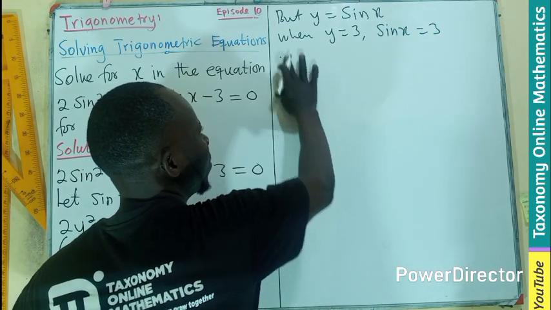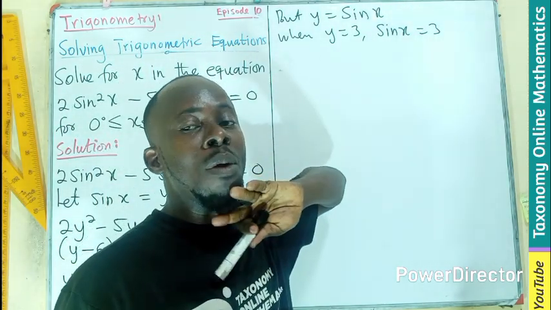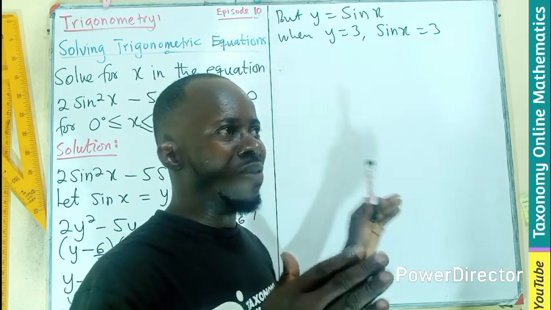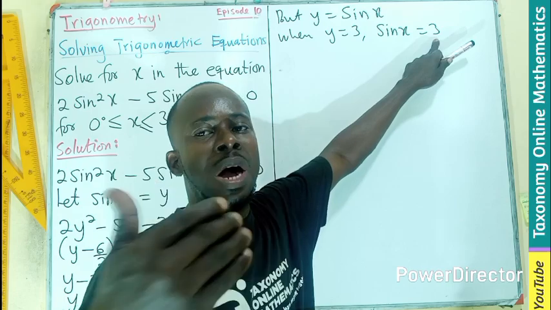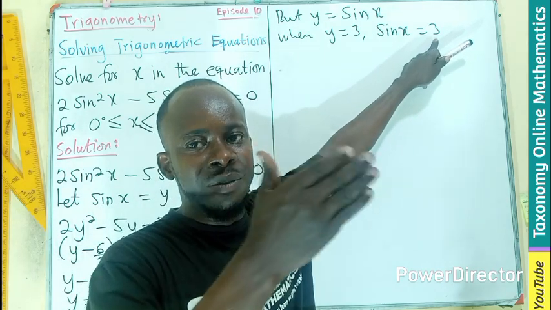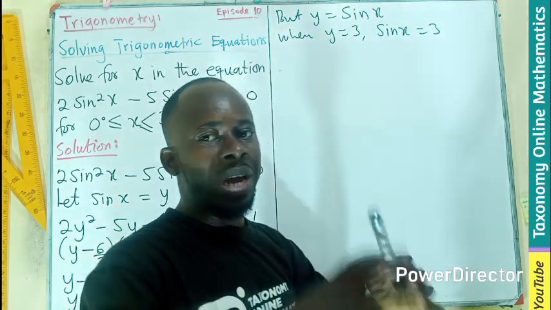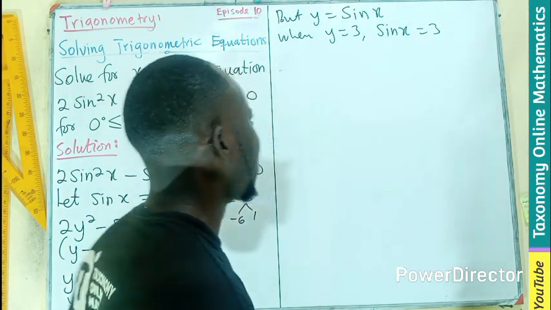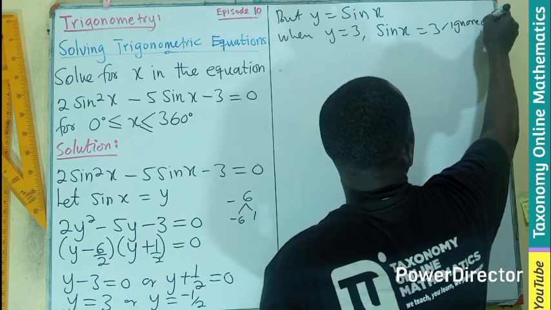No, we just ignore it because the values of x will be in the complex numbers. We need the values of sine x to be between negative 1 and 1. Since it's bigger than that, you get a complex number. So we ignore it.